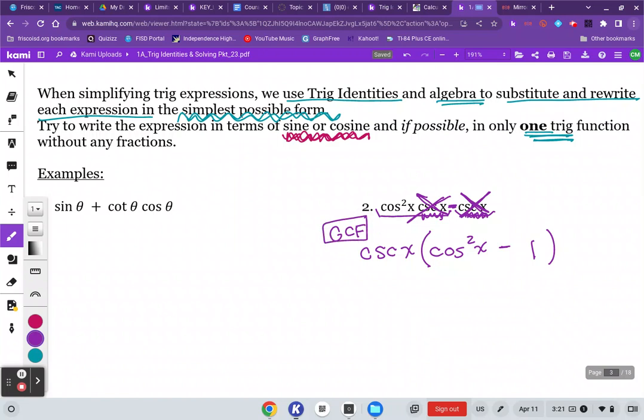Now it just so happens that inside the parentheses, I have an identity. One of my Pythagorean identities is represented by cosine squared minus 1. So flip back over and look at your list of identities and tell me, cosine squared minus 1 is equal to what?